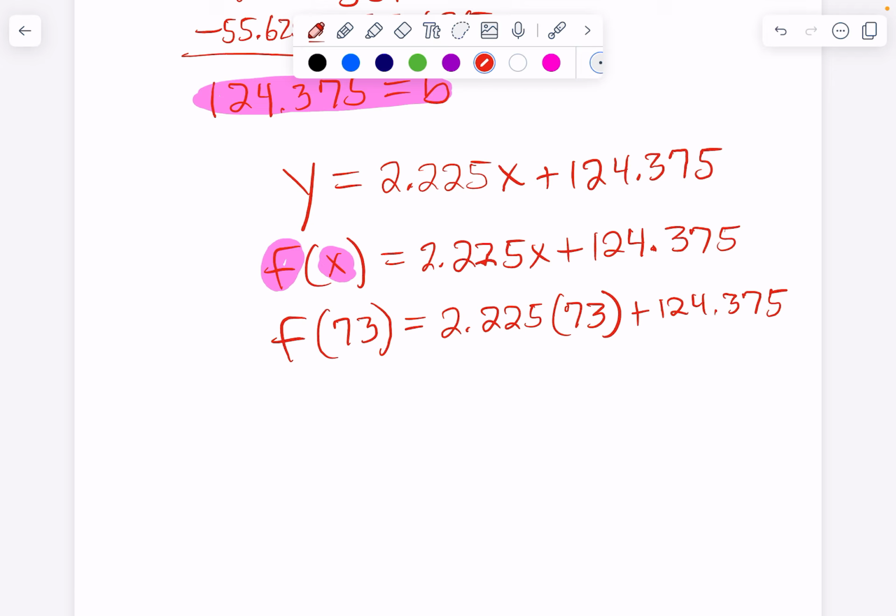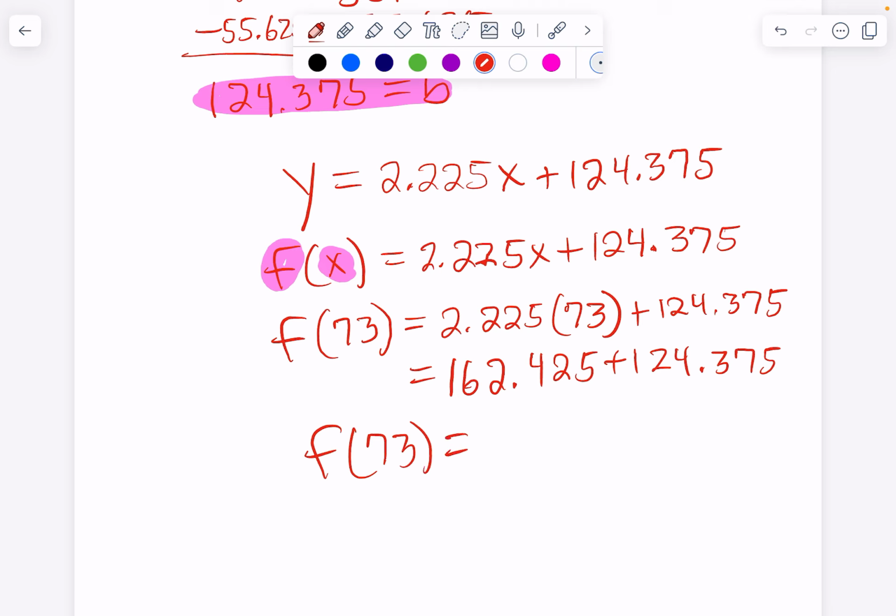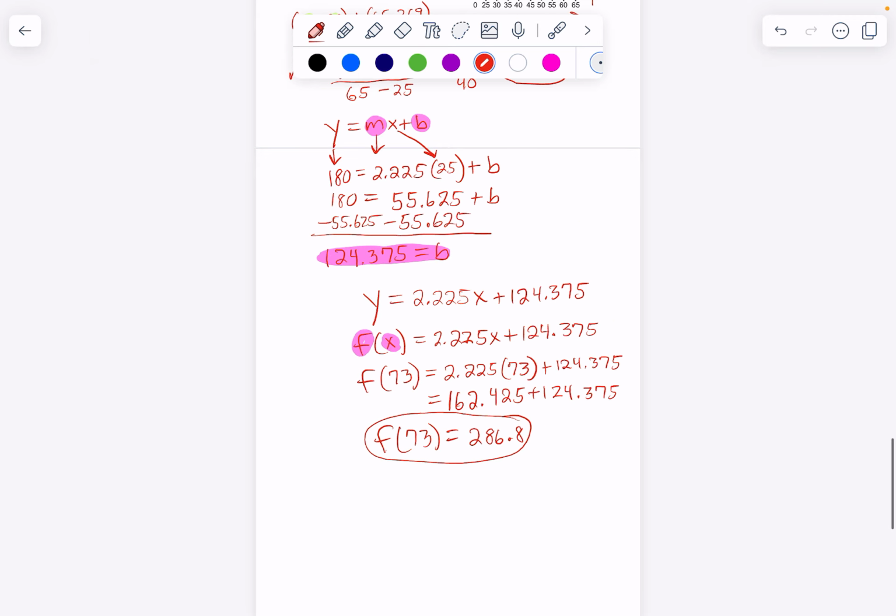That's going to equal 162.425 plus 124.375. And an average 73-year-old man should have a cholesterol of, when I add these two together, 286.8, according to the model and the information that we were given.